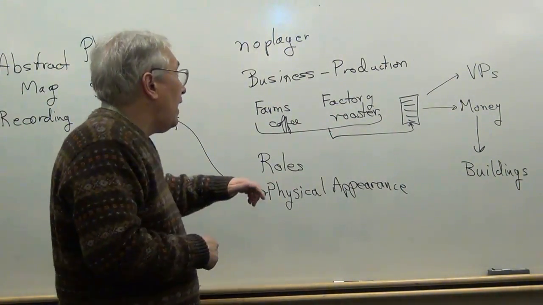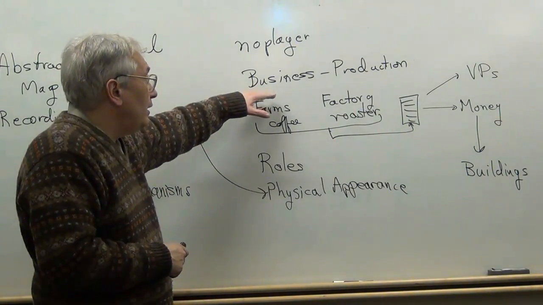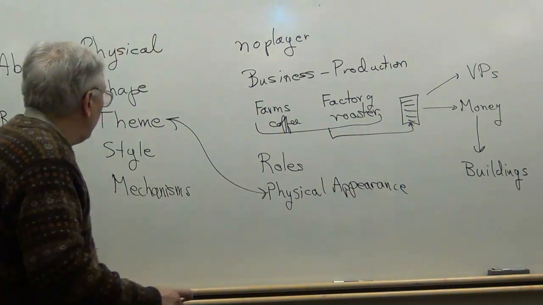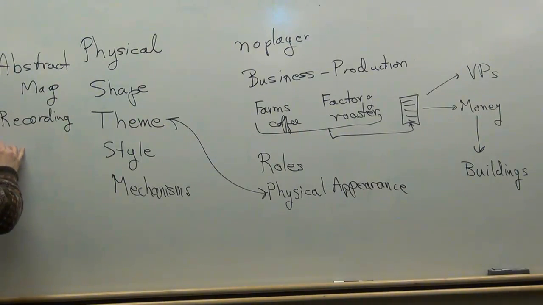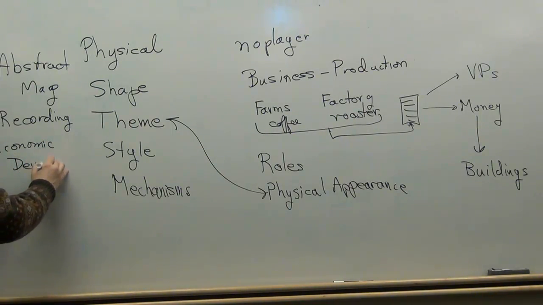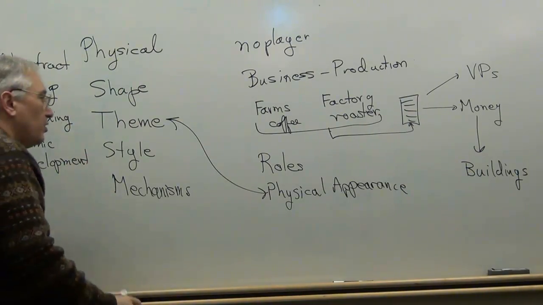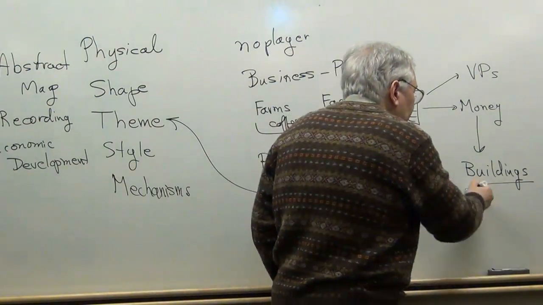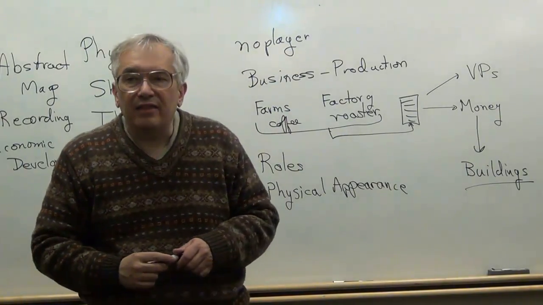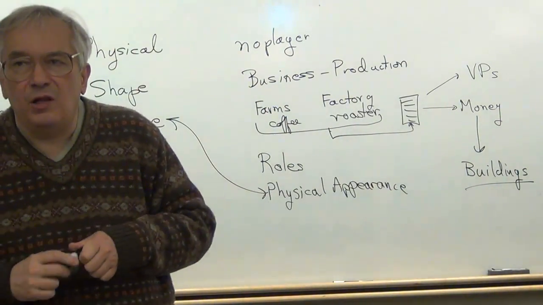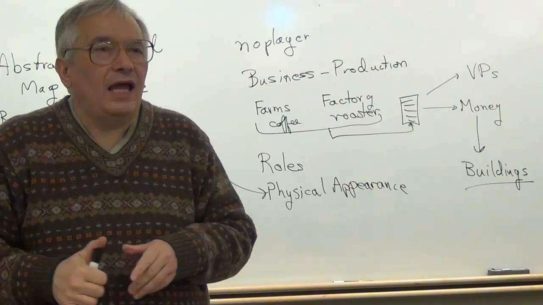We do not have a full economy with markets, but we do have economic development. And so, as you buy buildings, as you buy things that sit on the table, some of those buildings have properties.